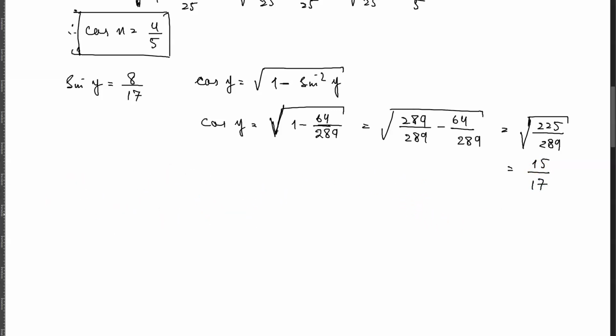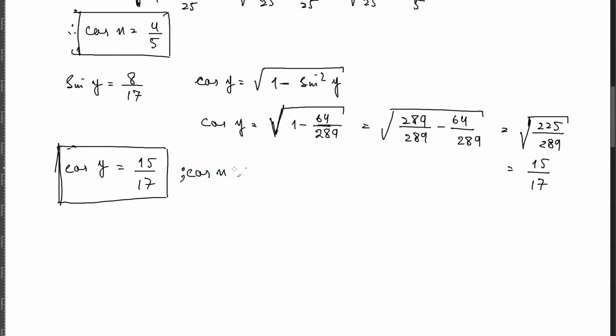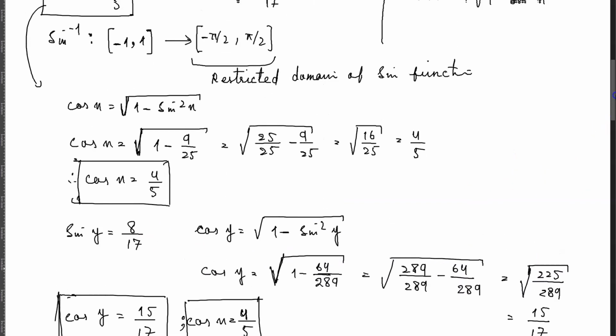So what that means is that cos of y is equal to 15/17. Cos of x is equal to 4/5, and cos of y is equal to 15/17.